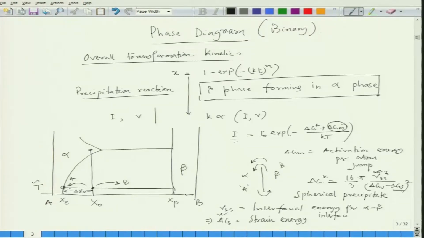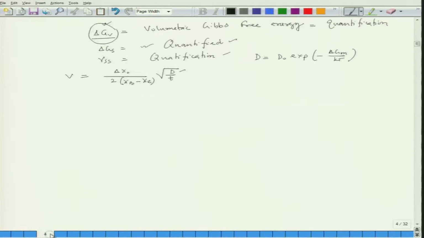So, the rest of the solute which is extra in this particular composition will be repelled by the system, and then it will form beta of this composition. Okay. So, this D is basically the diffusivity of B in that particular system.